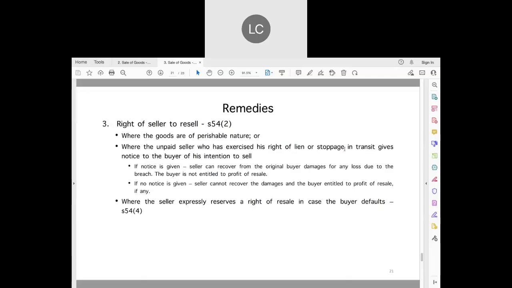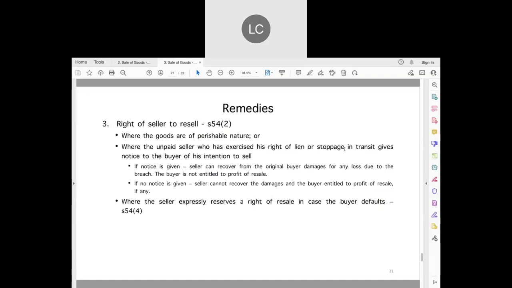And then there is another situation under which the seller may resell the goods regained. That is under section 54(4). That is when the seller expressly reserves a right of resale in case the buyer should make default.